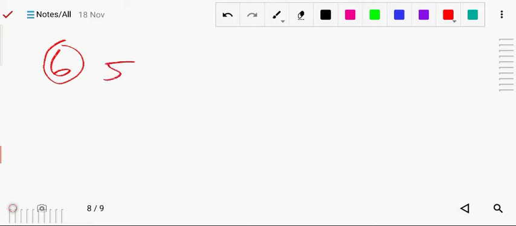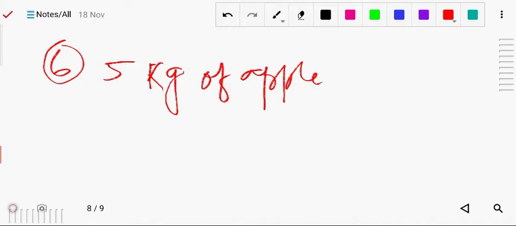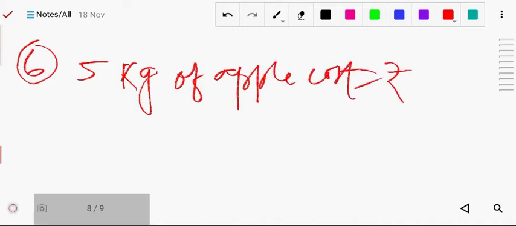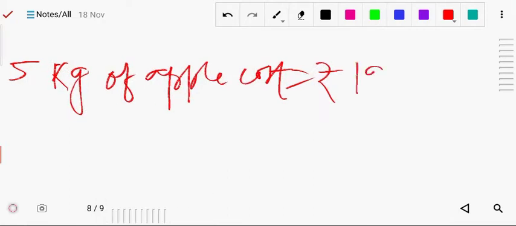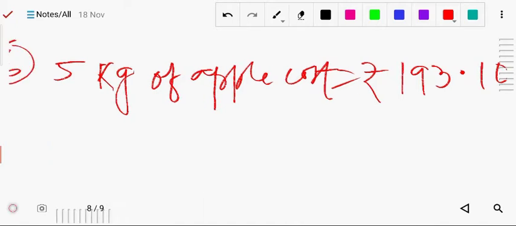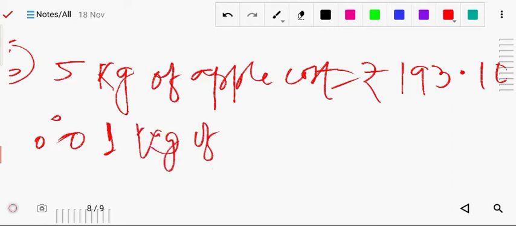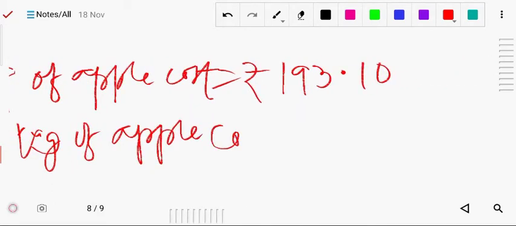It is given 5 kg of apple costs rupees 193.10. So we can find the cost of 1 kg of apple.